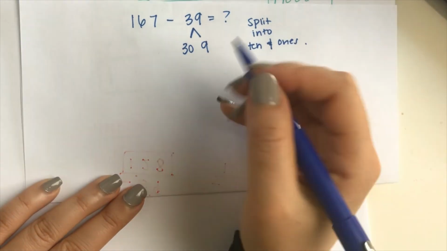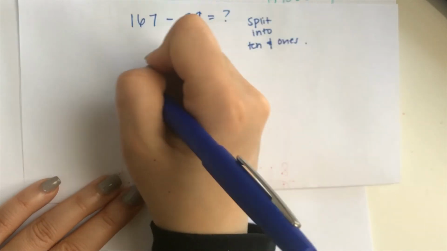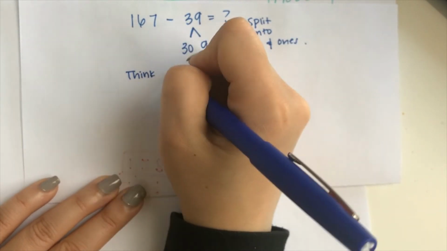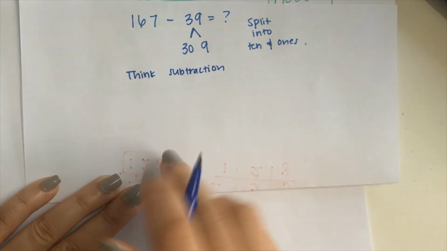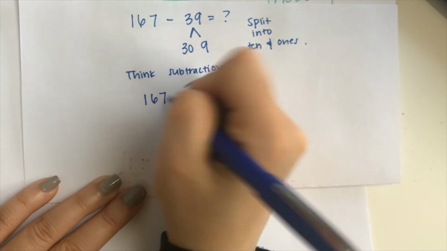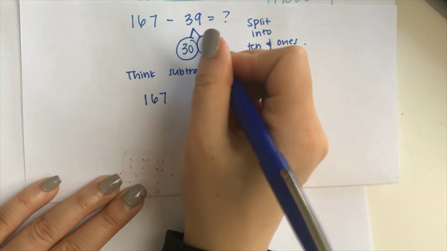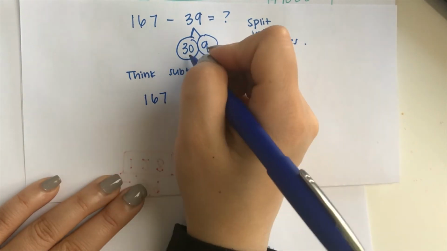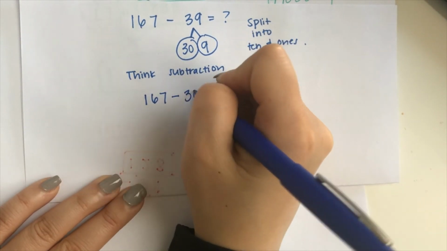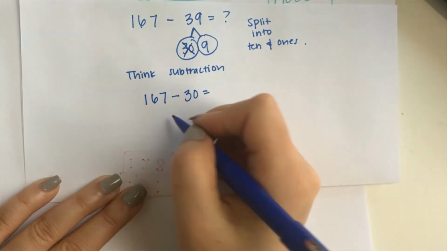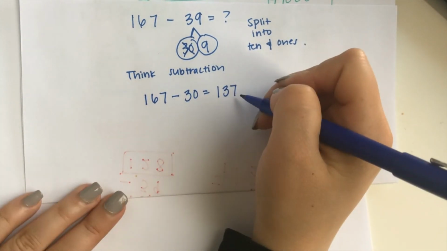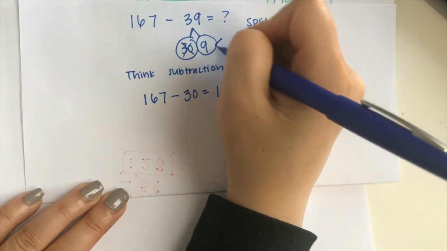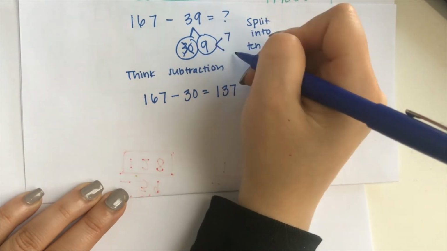So split into tens and ones, and then you can start using the think subtraction way, which is just where you put your numbers like this, and then you start taking away chunks to make it easier for you. Well, I can do this, and that will be 7. And I know I can take away a 7. I don't know if I could take away a 9.